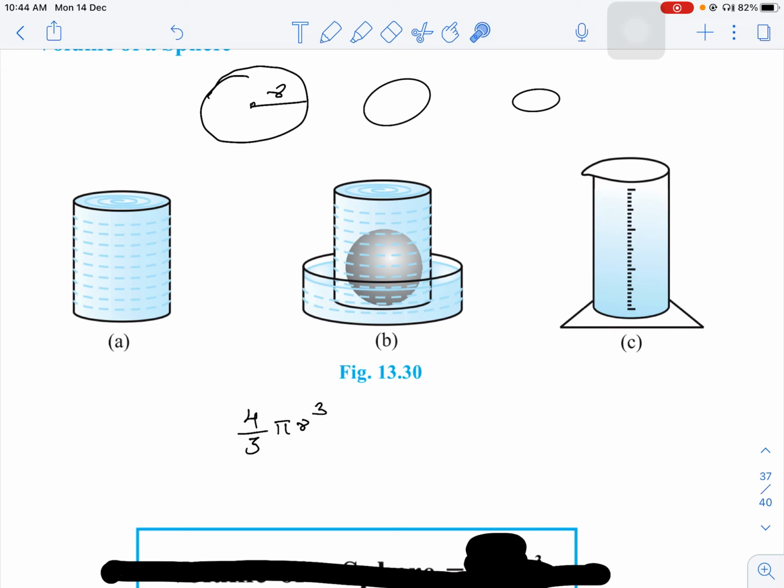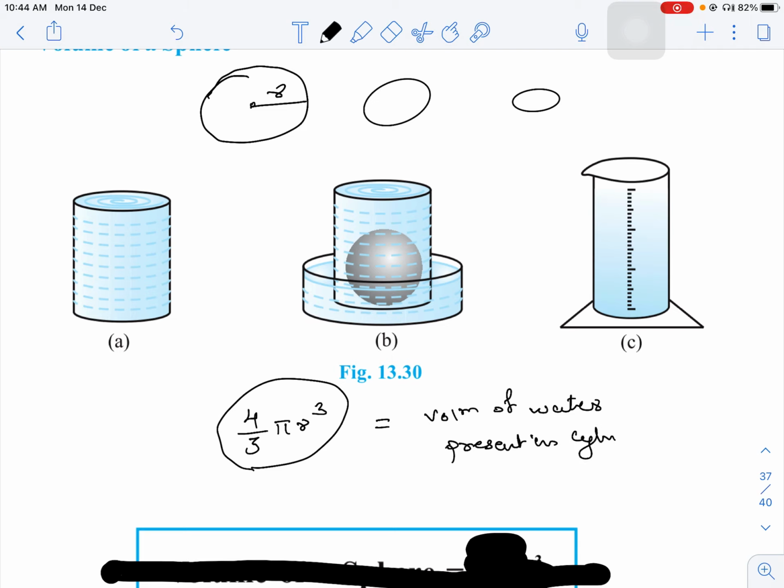When we calculate this value, it can be seen that the value obtained is equal to the volume of water present in the cylinder. Now the volume of water present in the cylinder is equal to this value, and from where we got this water, that volume is equal to the volume of this sphere which has displaced the water from this container.